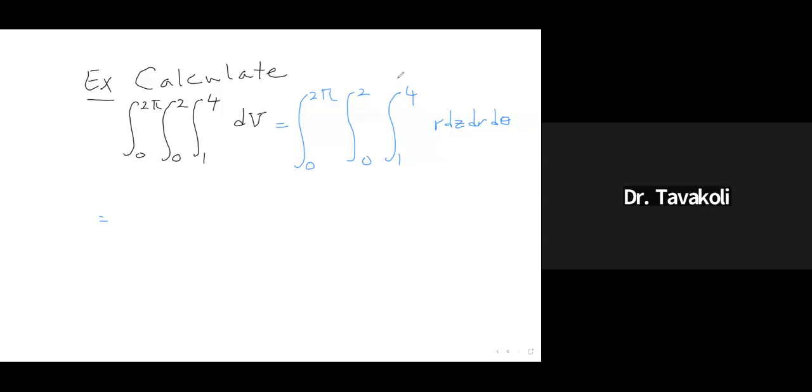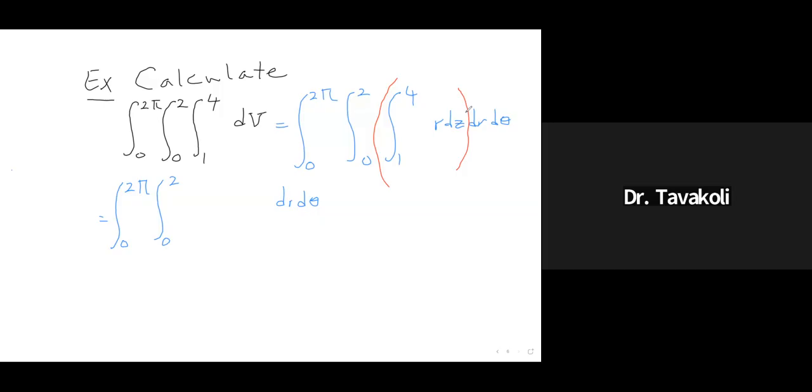So first we do the inner integral. The integral with theta from 0 to 2 pi, r from 0 to 2, dr d theta. I just want the inside. For that inside, the antiderivative of r with respect to z: r is a constant, and we're integrating with respect to z.